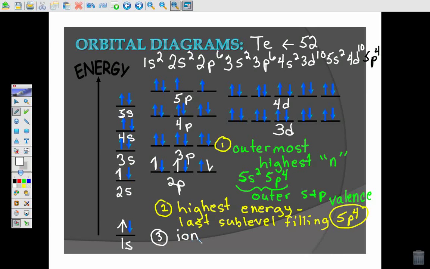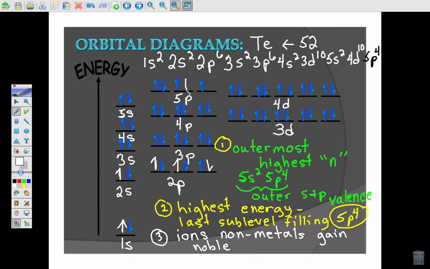Now, the third point I want to make is about ions. The goal in ions that we're going to be dealing with in the main group is that nonmetals will gain. So nonmetals are winners, and they'll gain until they reach the nearest noble gas.